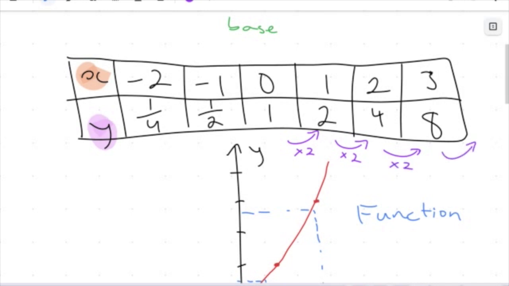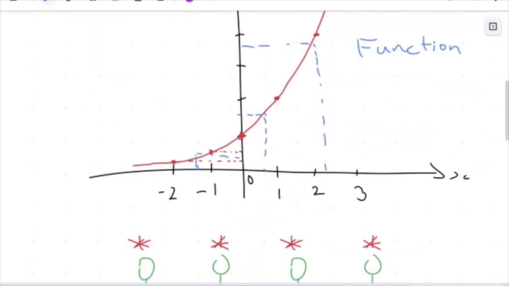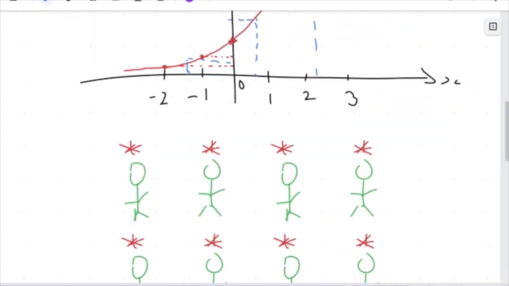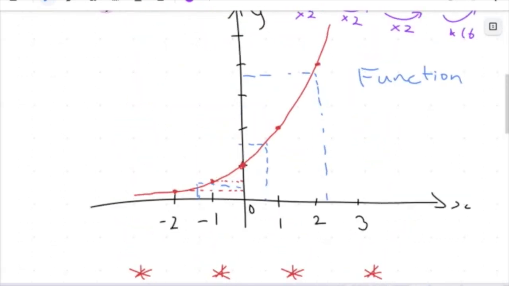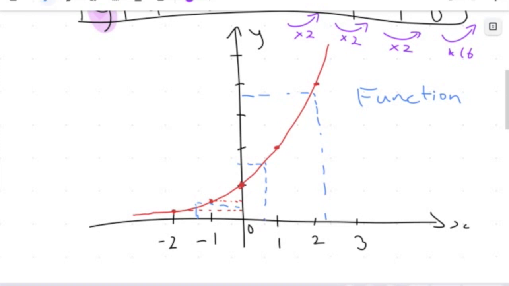My 8 will become 16. My 16 will become 32. And really quickly, you can see there's an exponential relationship. And we say that there's an exponential increase, a really quick increase. And we can model something like infection rates from a virus or something using my actual graph here.